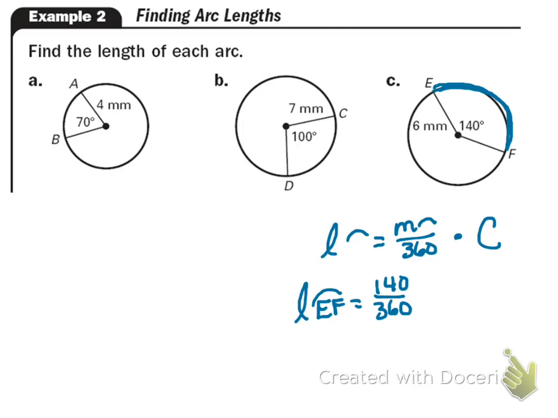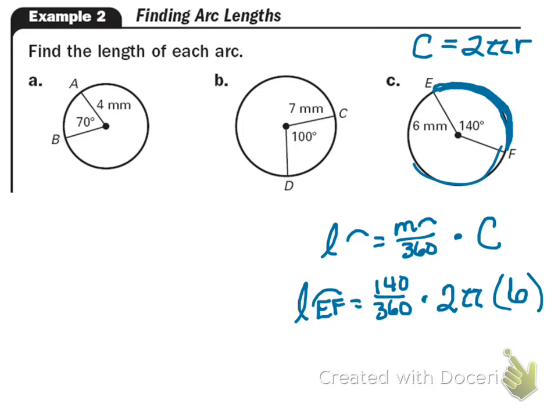This gives me the fractional portion that this arc is of the entire circle, times the circumference. So we have just this fraction of the entire circumference. The circumference can be found by taking 2 times pi times the radius. Remember, circumference is equal to 2 times pi times the radius, or 2 times pi times 6.